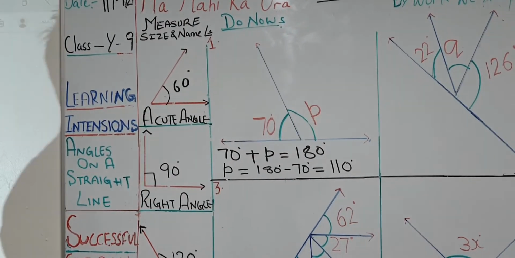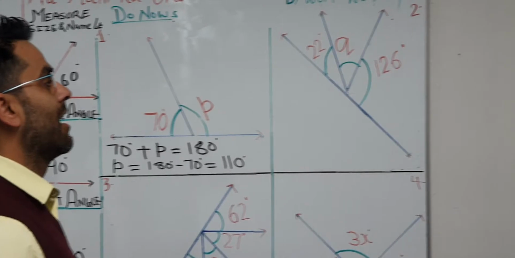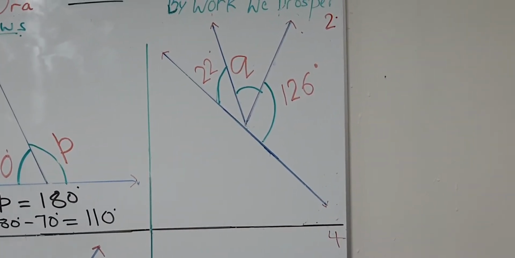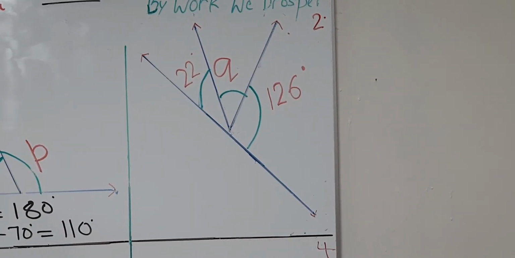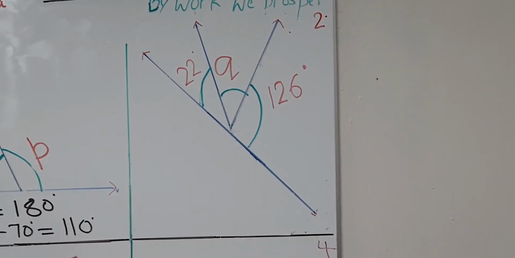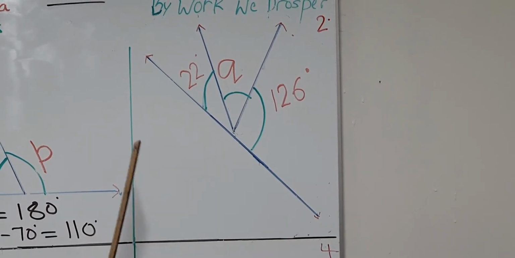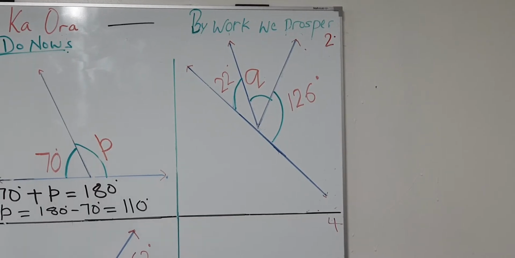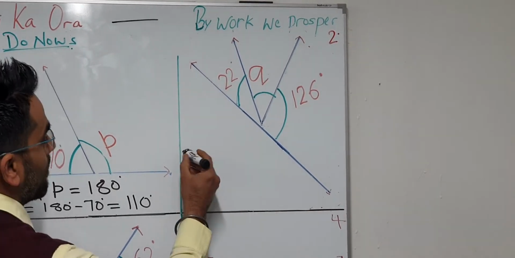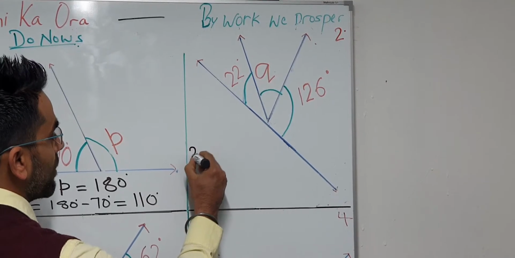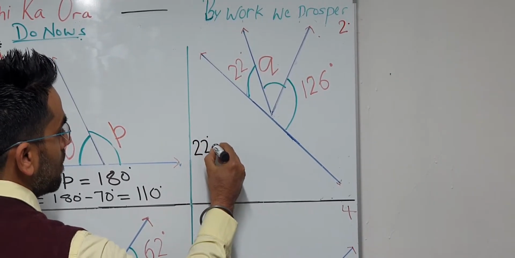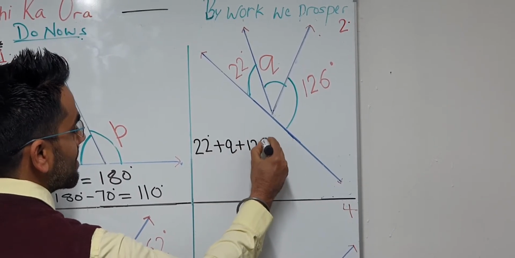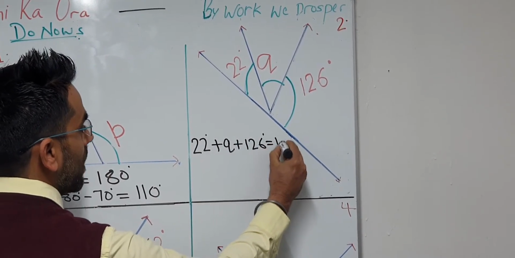Now we're going to move on to my second question. You see there are two angles given. One angle in the middle is missing, that is named Q. Though you see the line is a bit slanting, we got a clue that there is a half of a circle, right? So again we're going to apply the same formula here. I'm going to write 22 plus Q plus 126 is equal to 180.